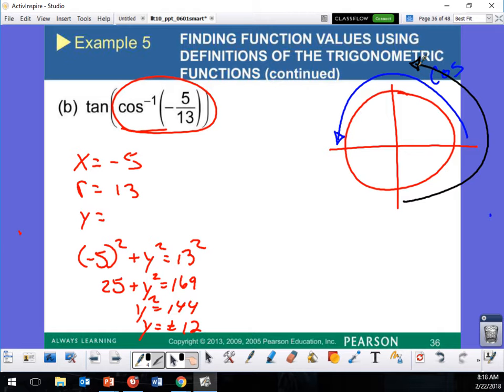Because of that, I have to deal with it here, and my tangent only has a restriction here and here. This is where my cosine is at right now, and I'm going to have to deal with that in a minute. Let me look at something real quick, to make sure I copy down the whole thing.